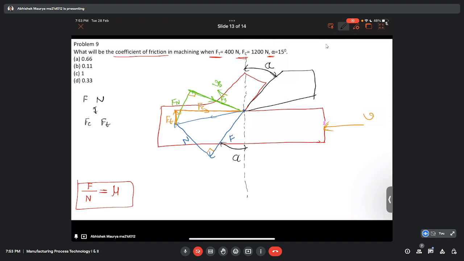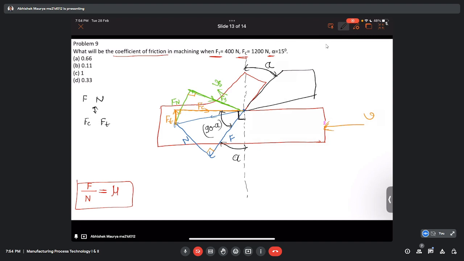So we are interested in the angles between F, FC and FT. I will just show one of them, then using the geometry you can also find all the other relationships. So it is alpha, and the total angle is 90, so this is 90 minus alpha.